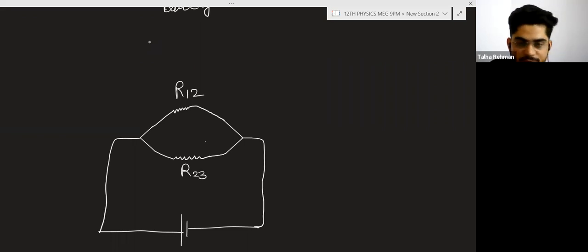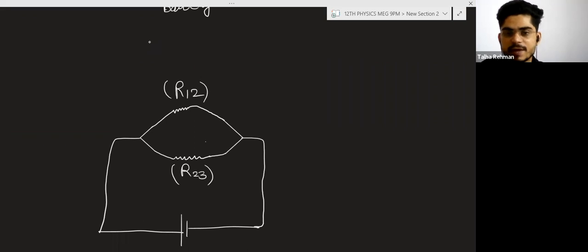Now, Hamza, can you tell me, this R12 and this R34, which kind of combination is this, if this battery is connected like this? Parallel or series? R12 and R34 are in series or parallel?